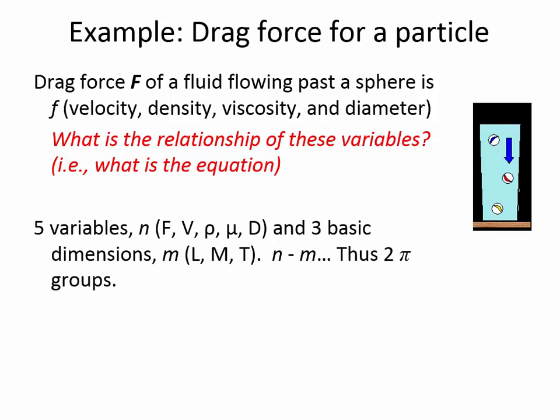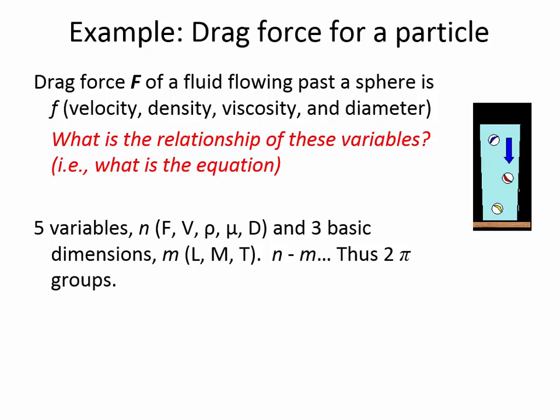So in the Buckingham pi theorem, the analysis starts by identifying how many variables there are that are related. And you'll notice that there are 5 variables that have been previously mentioned: the drag force, the velocity, density, viscosity, and diameter.